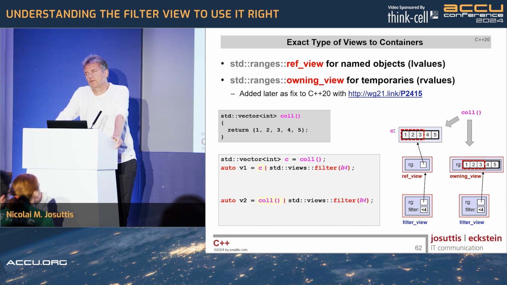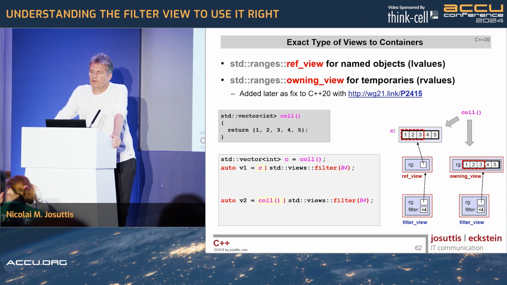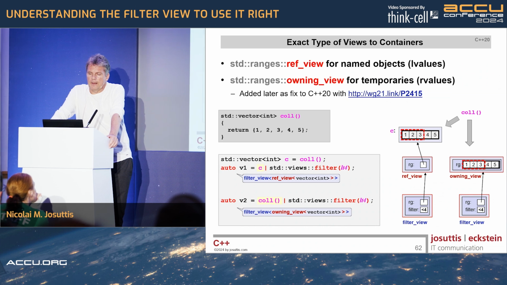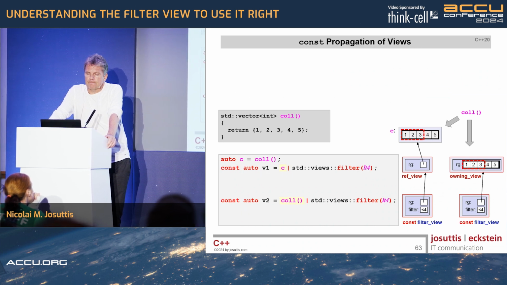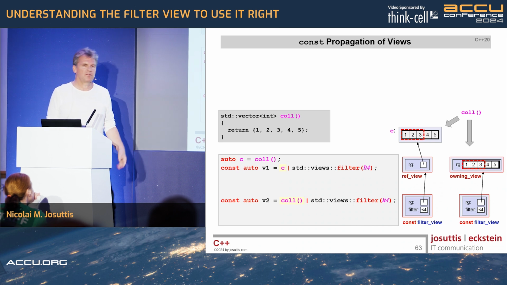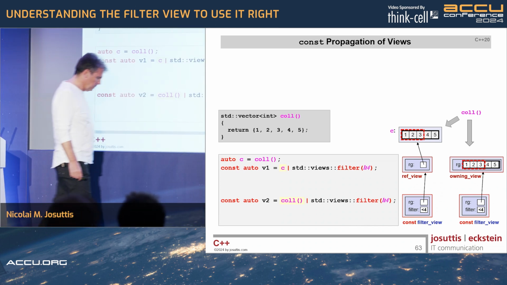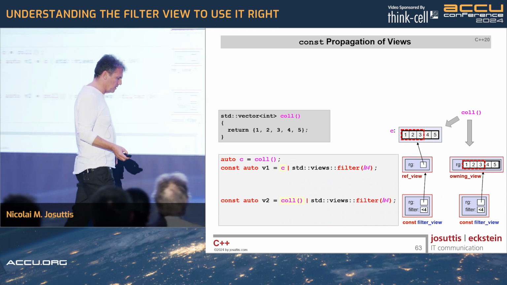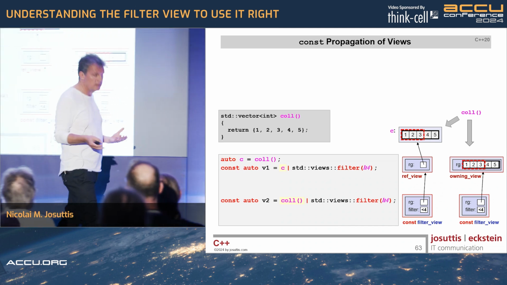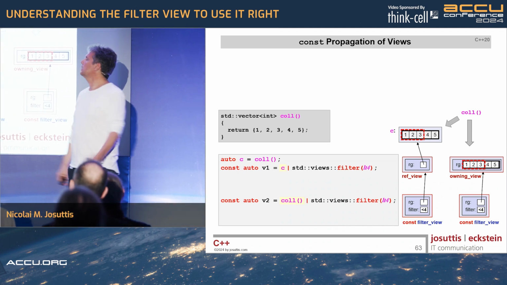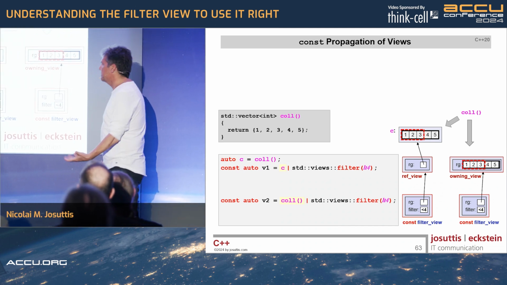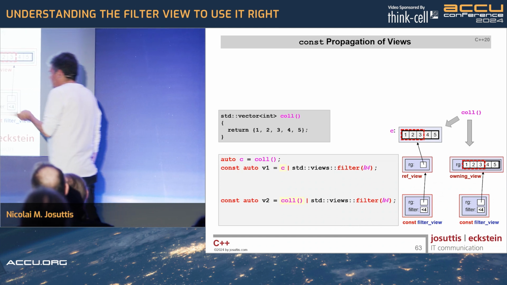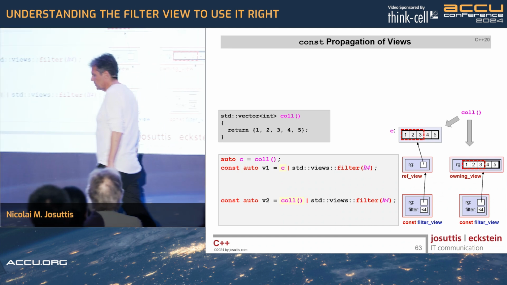So there's an interesting consequence of that. The consequence is that, what happens if you make that view const? So we might not do that for a good reason, because we may no longer be able to iterate. It depends whether the view caches or not. But if we make the view const, different things happen.